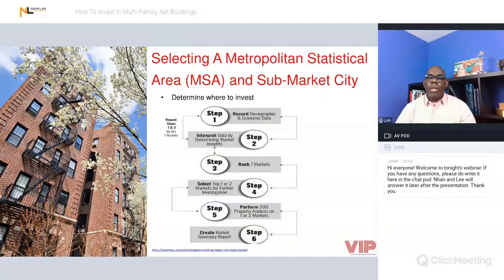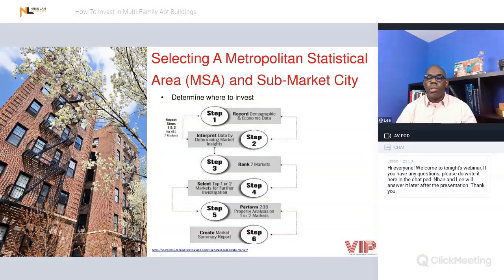You want to then narrow that down to the top 1 or 2 markets for further investigation, because you're going to need data that's going to help you determine whether or not you're going to move into this area and if it's attractive to you. You have to make sure that you're going to be able to receive returns that are palatable not only to you for your portfolio, but for your investors that you might bring along with you as well, right?